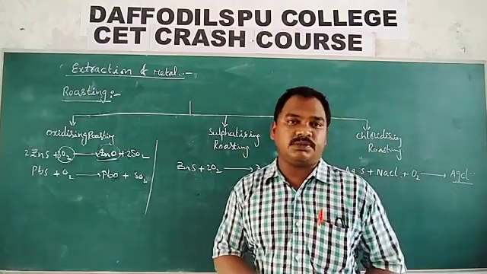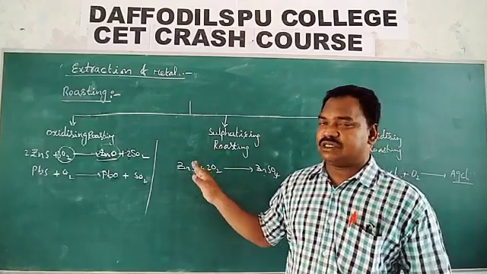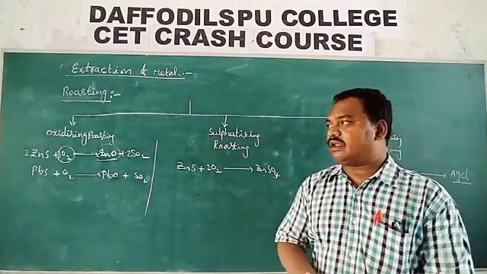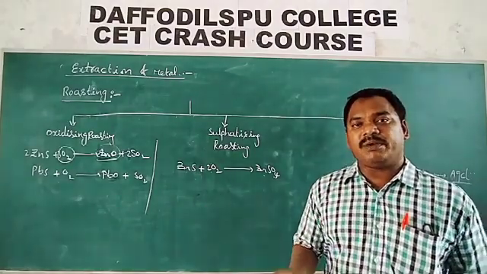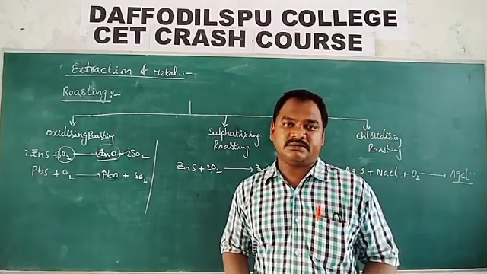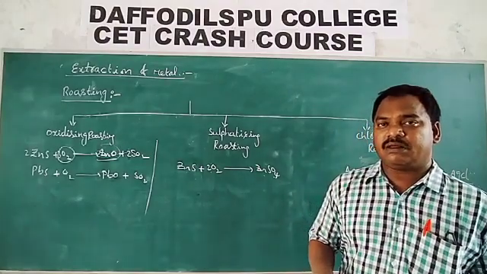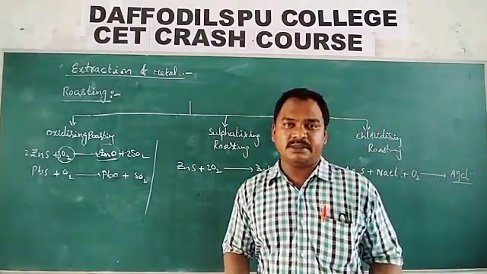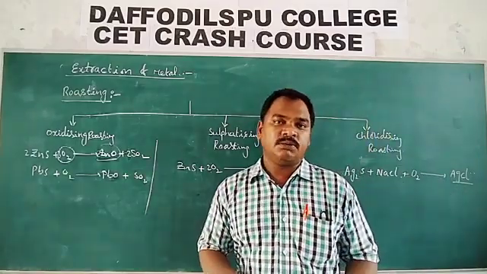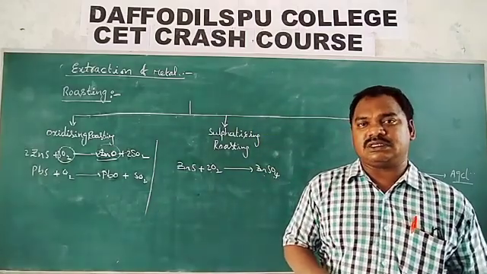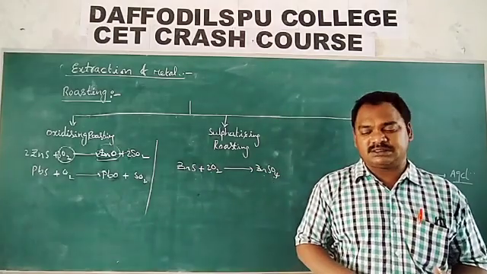While in the calcination process, all the holes are closed, so air will not come in contact with the ore. In the calcination process, all the openings of this reverberatory furnace are closed. In the roasting process, all the openings are opened.